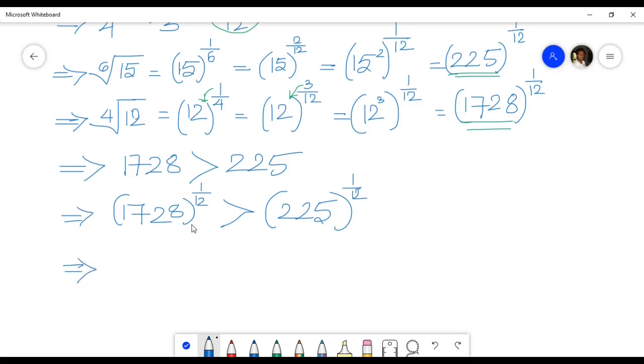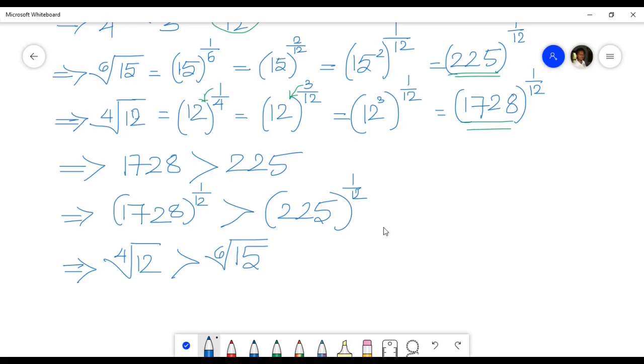So 1728 exponent 1/12 is referring to 4th root 12. So by this we come to the conclusion that 4th root 12 is greater than 225 exponent 1/12, which is referring to 6th root 15. Right, so we have come to the conclusion in comparing these two terms that 4th root 12 is greater than 6th root 15.